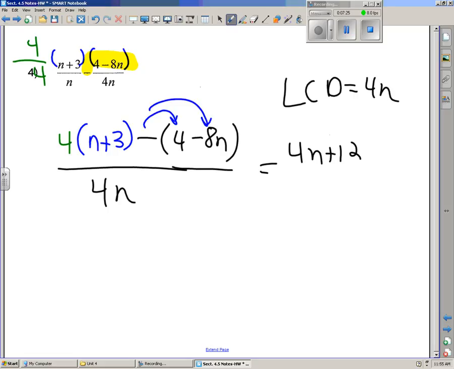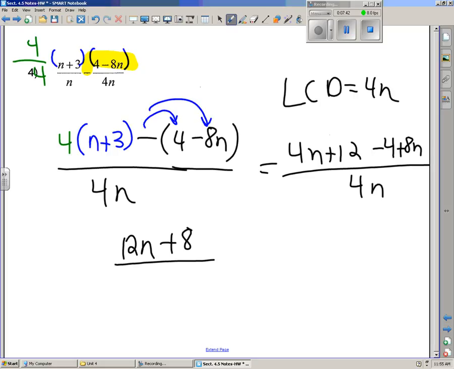This negative sign has to go all the way through, and then it becomes minus 4 plus 8n, all over my common denominator. Well, you do have like terms. The n's total out to 12n. The numbers without n total out to 8, all over 4n. Again, all we did here was look at 4n to 8n, and then we looked at positive 12 minus 4.